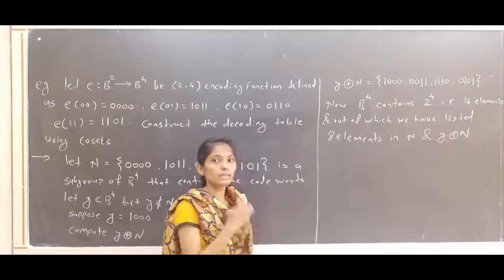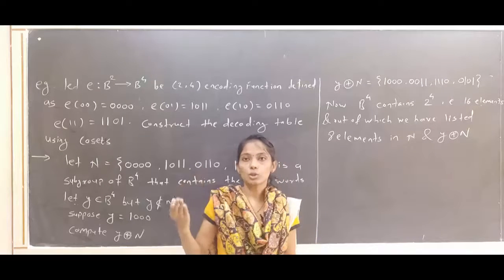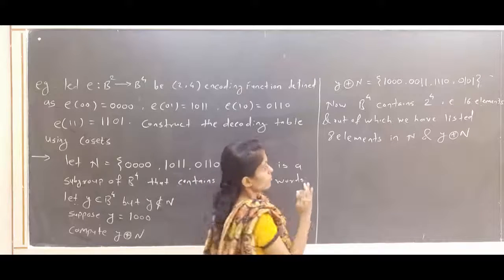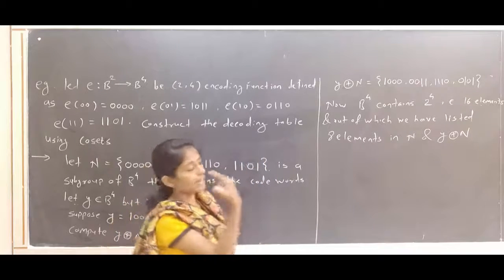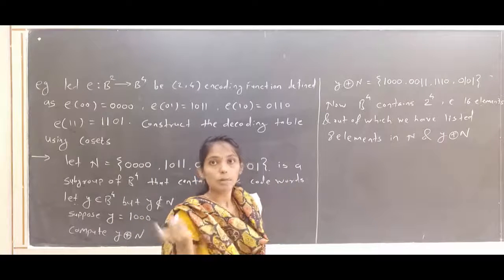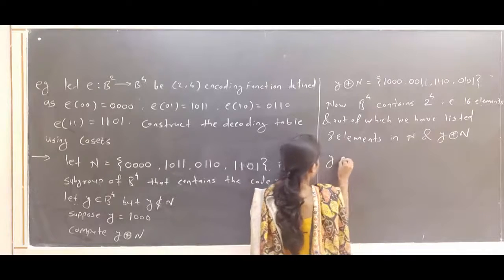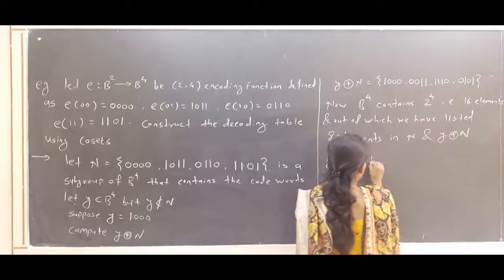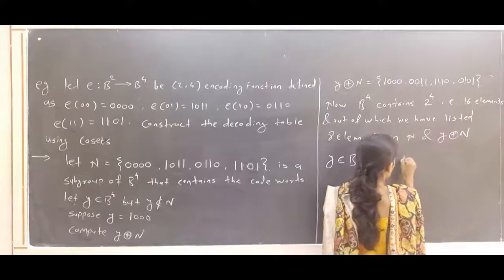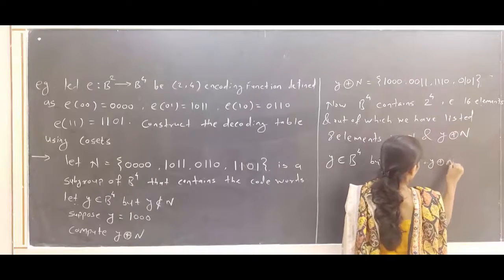Now we want to list the remaining elements. So for that we select a new y which does not belong to N and y ring sum N, but whose weight is minimum.